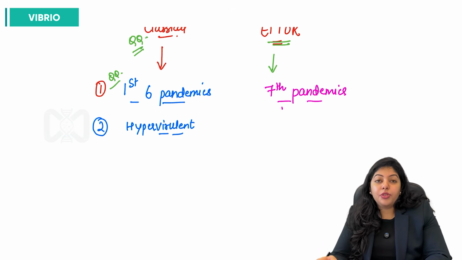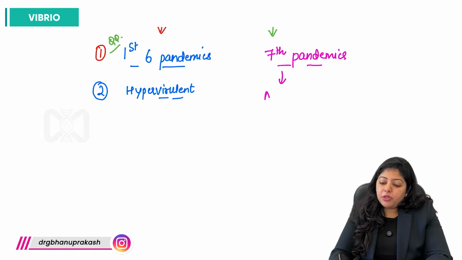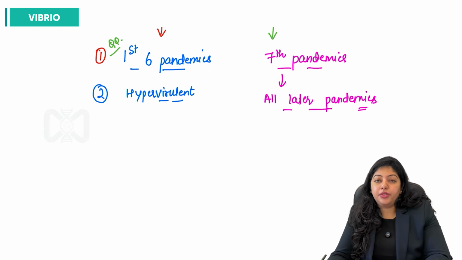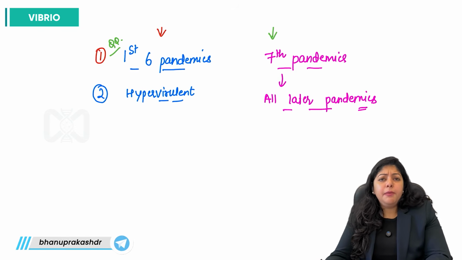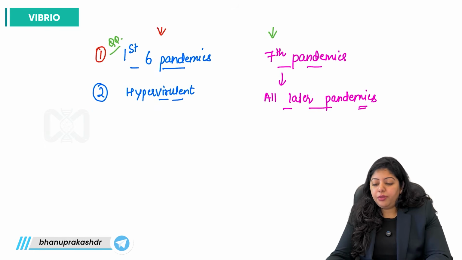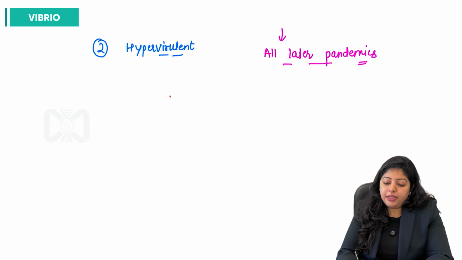It has been responsible for all the pandemics later on. This has actually replaced the classical biotype, and it was then responsible for all the major morbidities associated with Vibrio, right?